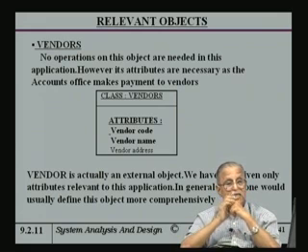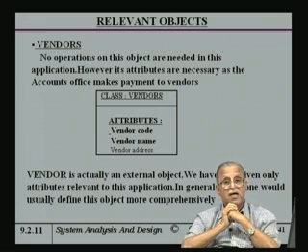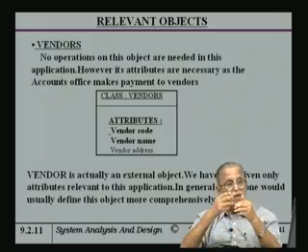So I think I will continue from this point onwards and look at other potential objects, because it's a very long example and I am running out of time. So I think I will continue from here and revisit this example next time.